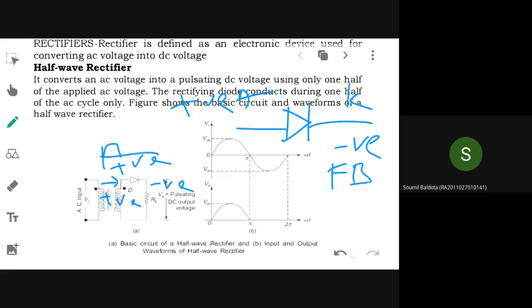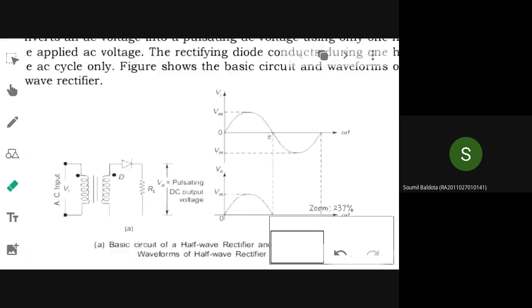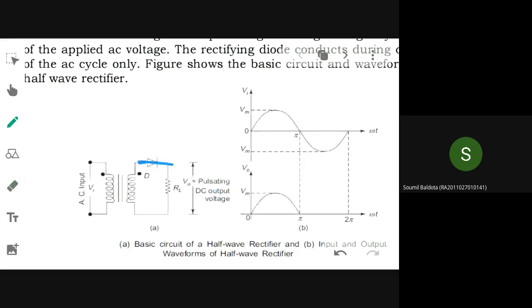Then the diode will be in conduction state, so the switch will be closed. Whatever input you give, the same input you will observe across the load.